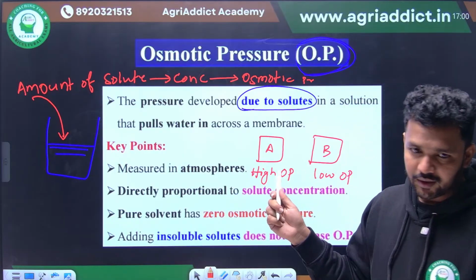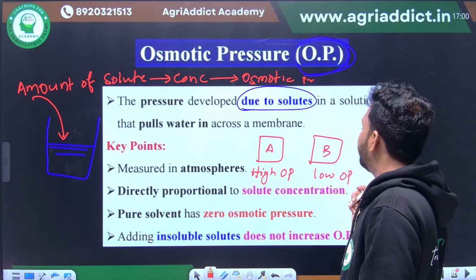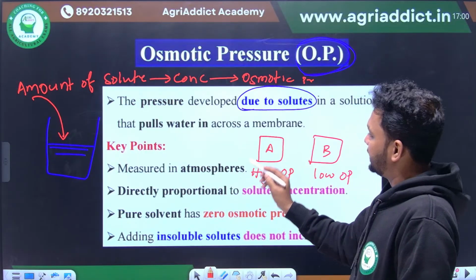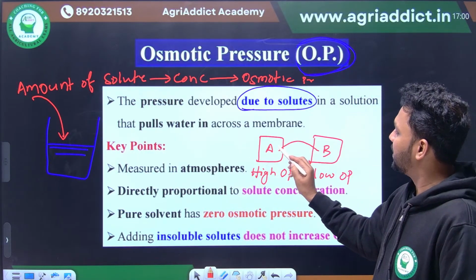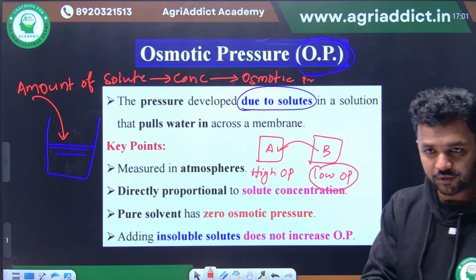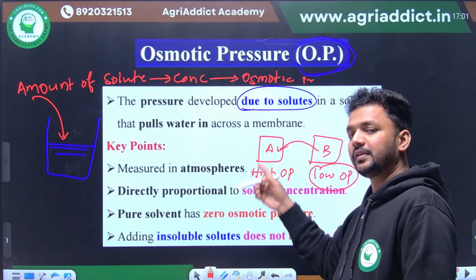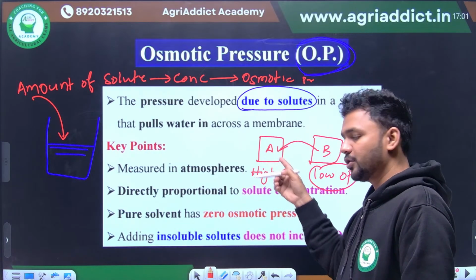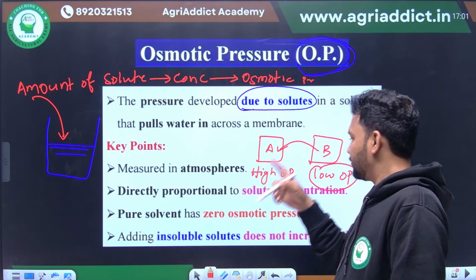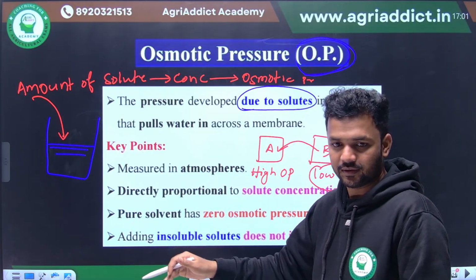From B to A. Yes, from B to A. Manikangam is right. So the solvent will move from B to A. Why? Because low osmotic pressure means low solute, right? Low solute means more solvent, and here high osmotic pressure means more number of solutes. More number of solutes means less solvent. So from more solvent to less solvent, it will flow from B to A.